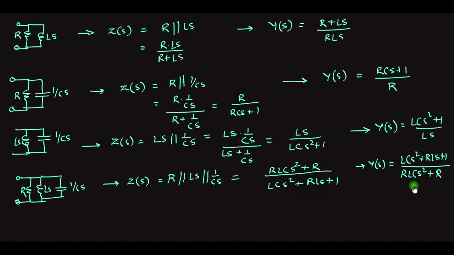So this will be the network function for a parallel combination of R, L and C. Over here we can again see that the highest degree is 2, that means it will be comprising two energy storing elements. But the form of this is very much different from this.